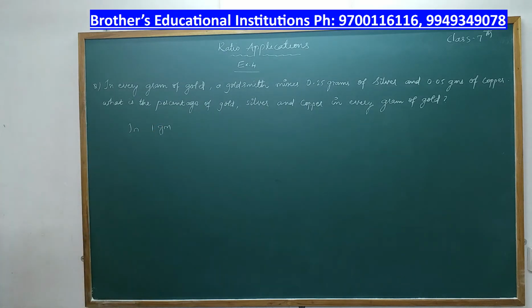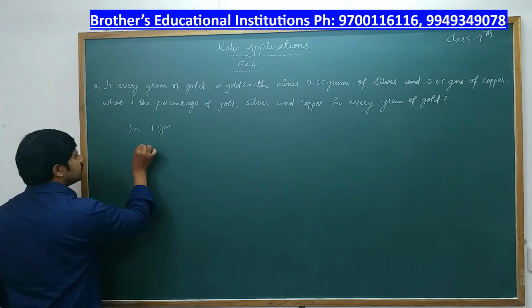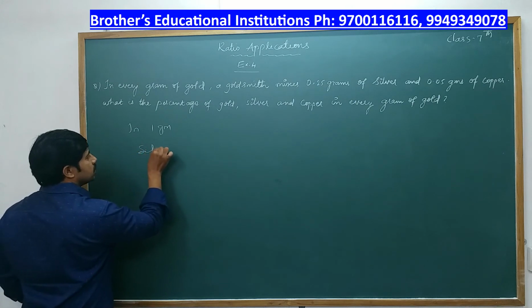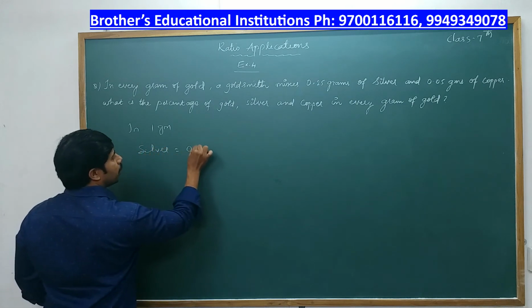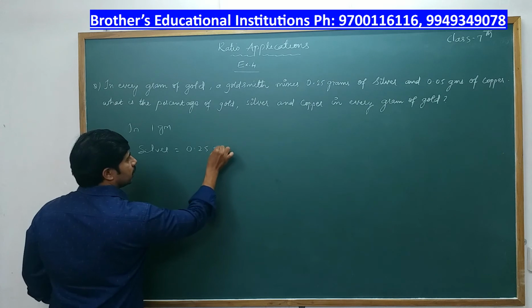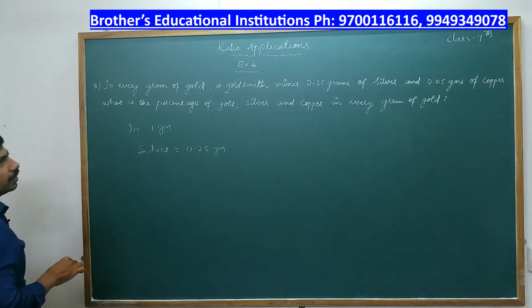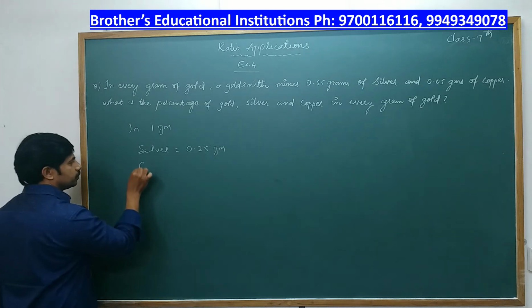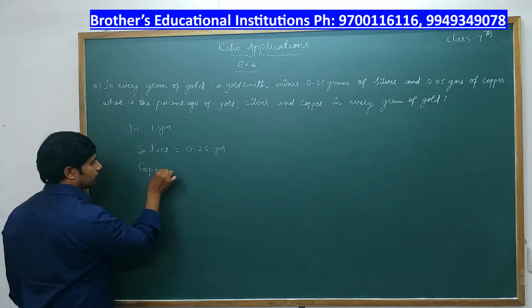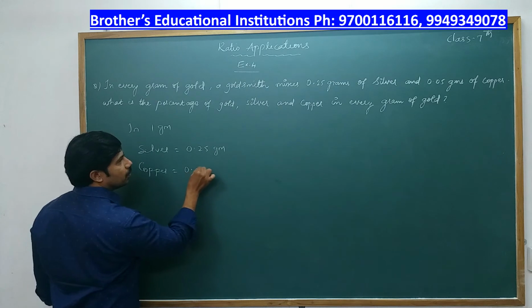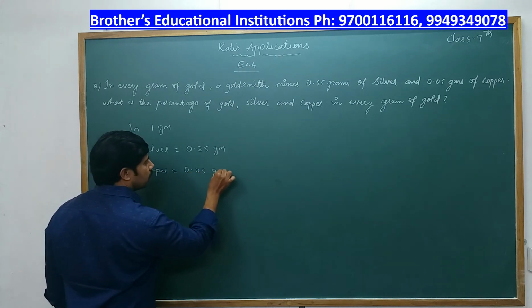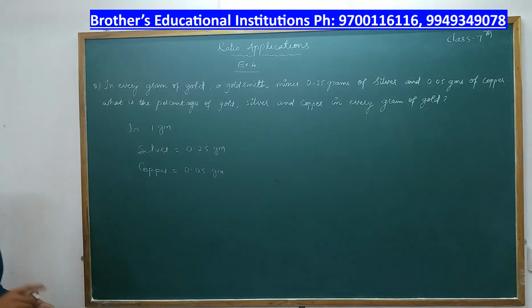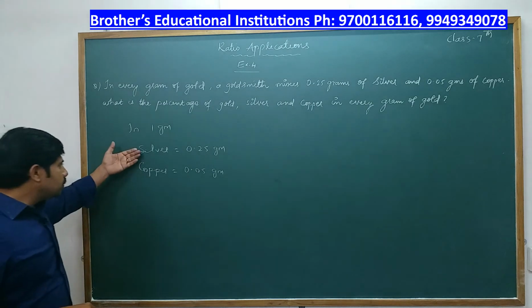In 1 gram, silver is 0.25 grams, and copper is 0.05 grams.